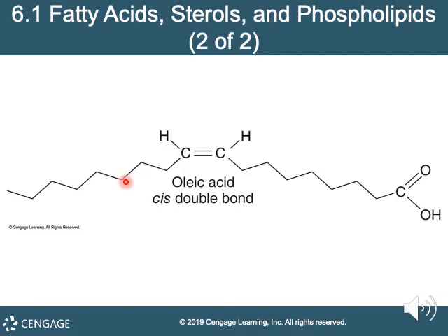So each of these points has a carbon, and each of these is a single bond, not a double bond. If it's a double bond, it would show two lines. Again, this is 18 carbons long, although not all the carbons are shown in this diagram. And here's the carboxyl group at one end of the fatty acid.